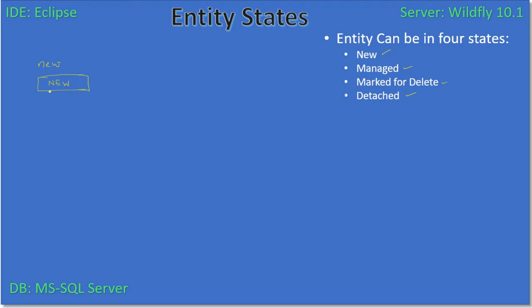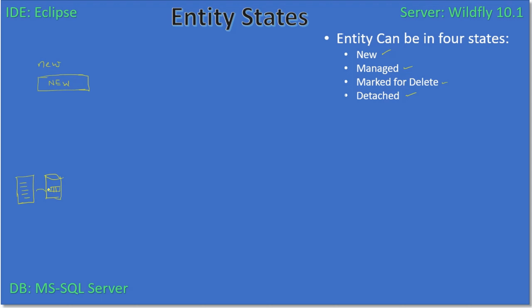After creation, the state of the entity will be new. In this new state, the entity is not attached to the database. Remember, let's say this is the Java instance, this will be mapped to a database record, right? That's what we saw in the previous video when we created a new entity.